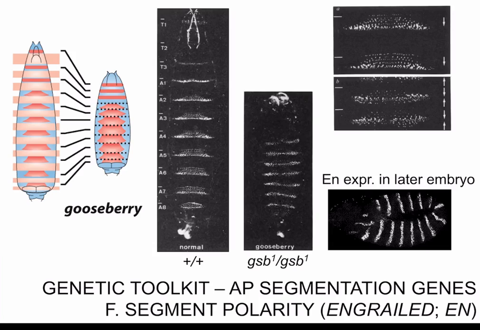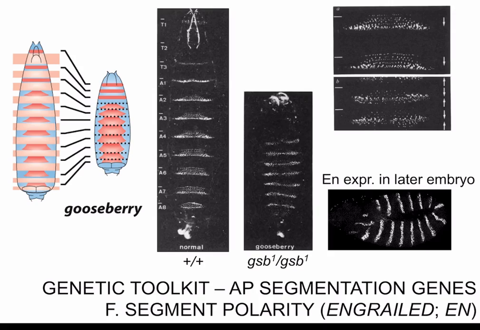The maternal genes, such as Bicoid, tell cells whether they are in the anterior half or the posterior half of the embryo. The gap genes narrow it down further to a location about 20 nuclei or 20 cells in width.